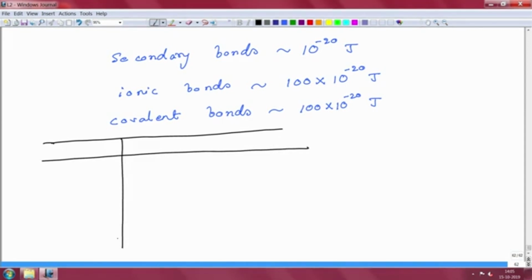Let us say the type of bond, the bond length, and the dissociation energy, in kilojoules per mole.